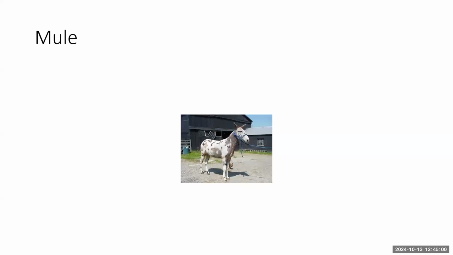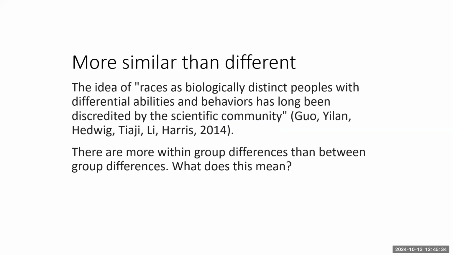The word mulatto came from mule, and a mule is a cross between a horse and a donkey. So to be a mix of Black and white was viewed similarly to being an animal that can be used for labor reasons. So it's not a term we use anymore, but it was once considered to be a term to describe race.